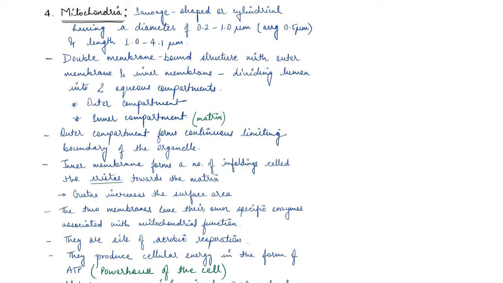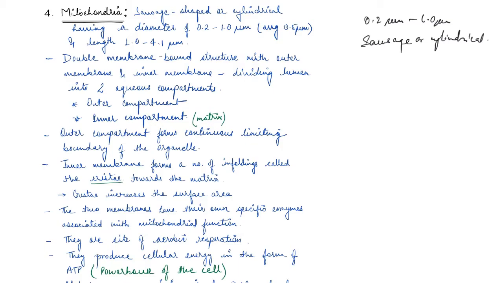Now, a typical mitochondrion is sausage shaped, or you can say cylindrical in shape, and the diameter is 0.2 micrometer to 1 micrometer. Each mitochondrion is a double membrane bound structure with the outer membrane and the inner membrane dividing its lumen distinctly.